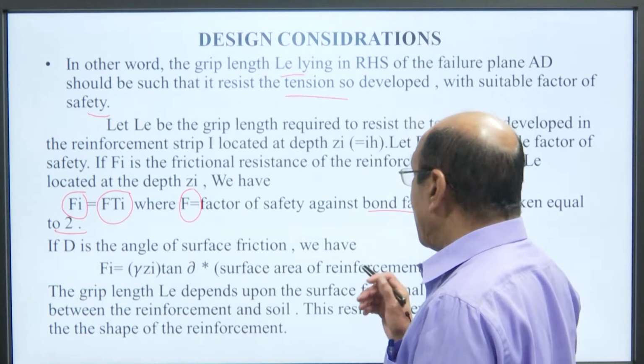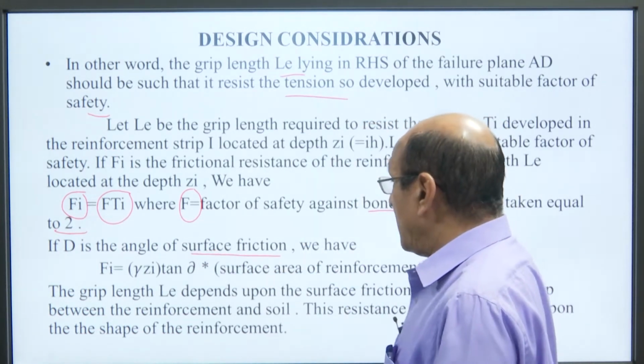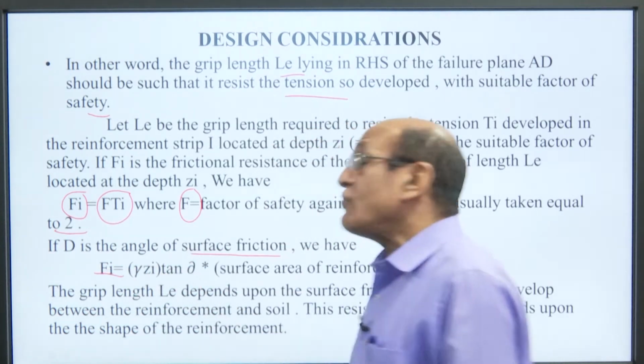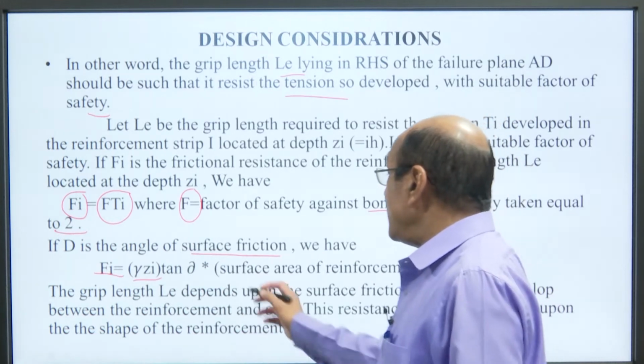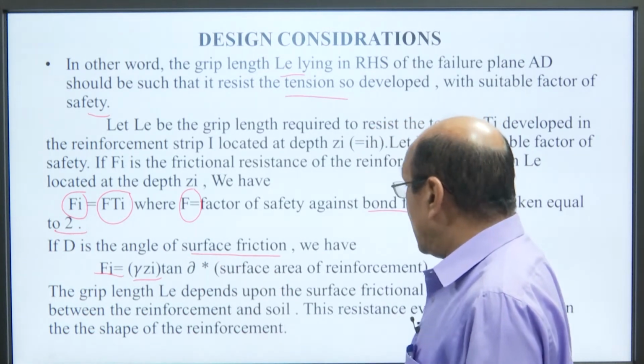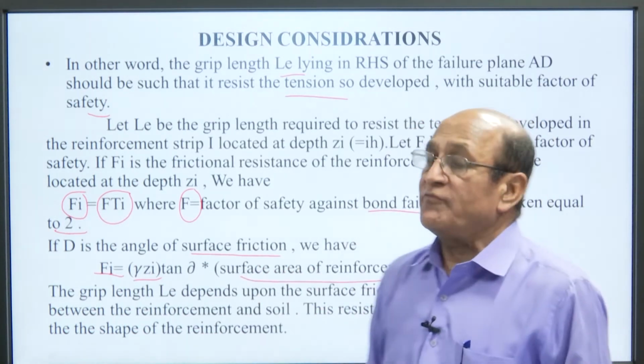If delta is the angle of surface friction, we have F i will be equal to gamma Z i tan delta multiplied by the surface area of the reinforcement.